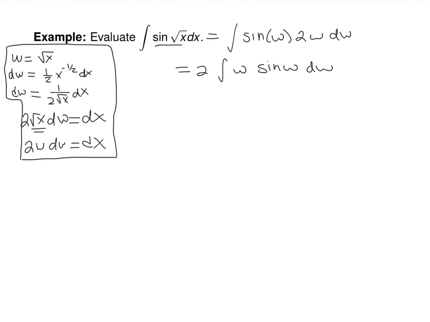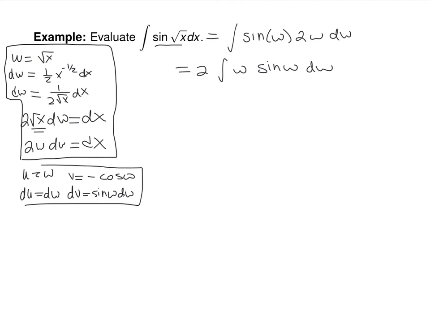So we're going to let u equal w. du is dw. dv is sine of w dw. And v is negative cosine of w. So we have twice, don't forget parentheses, uv.